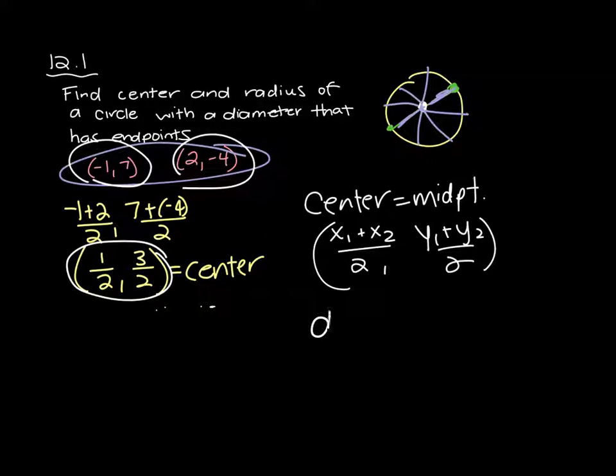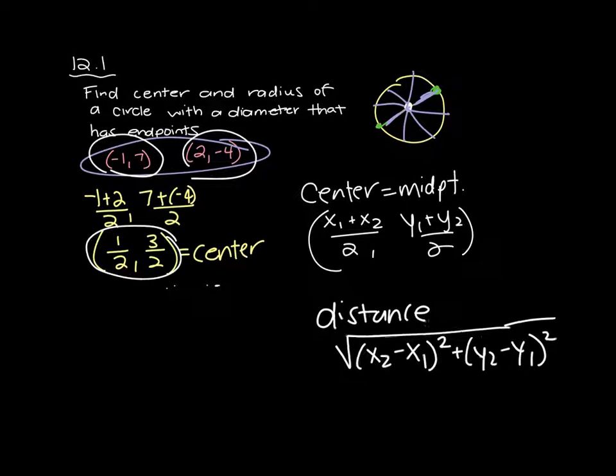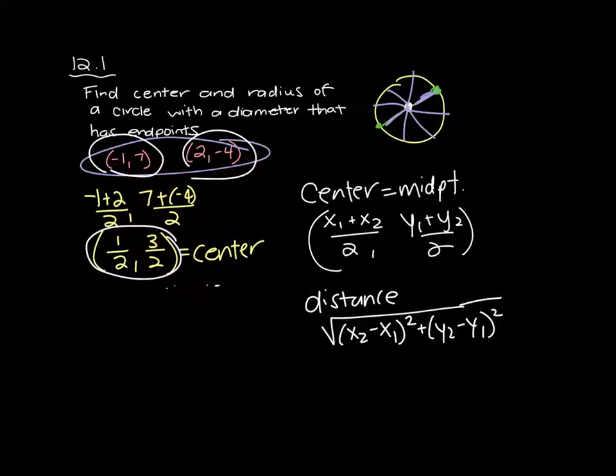So for either of those, you have to know the distance formula, which is the square root of x2 minus x1 squared plus y2 minus y1 squared. So because there's fractions in my center, I'm going to find the whole diameter.